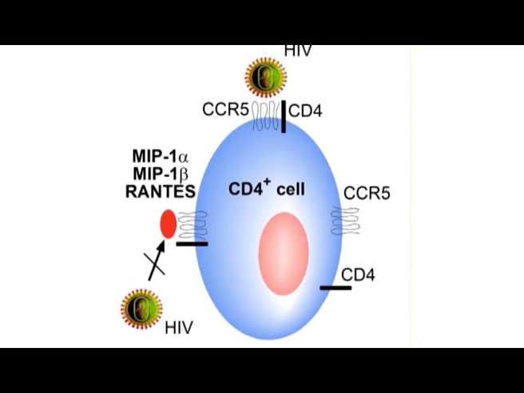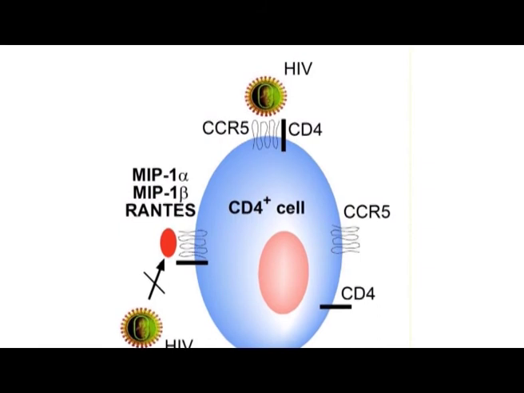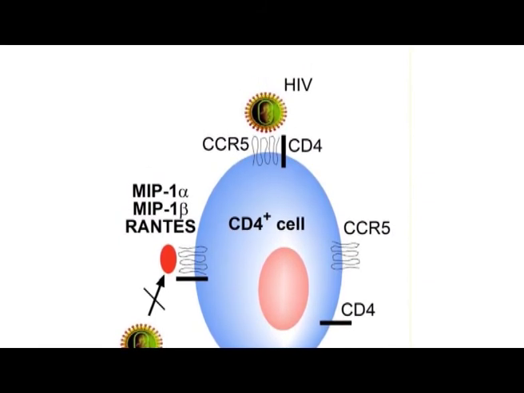Maraviroc. Maraviroc is an antiretroviral drug used in the treatment of HIV infection. It is classed as an entry inhibitor. Specifically, Maraviroc is a negative allosteric modulator of the CCR5 receptor, which is found on the surface of certain human cells.